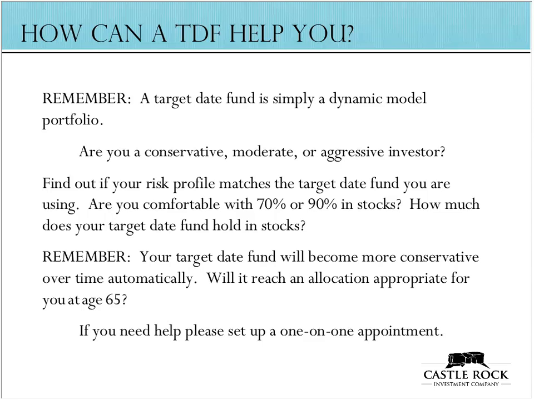So you can tailor the target date fund to yourself. I would recommend everybody find out what their risk profile is. How much are you comfortable with in equities? Is it 70%, 90%? Find out that answer first.